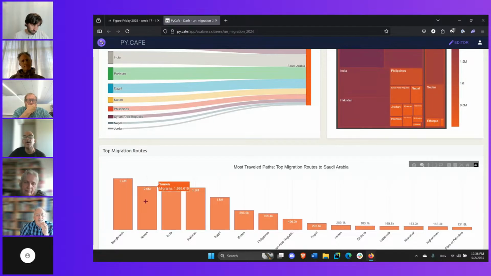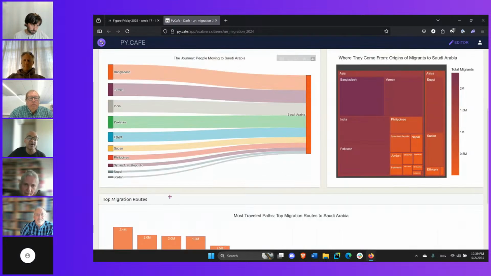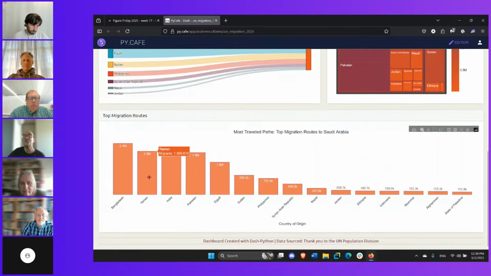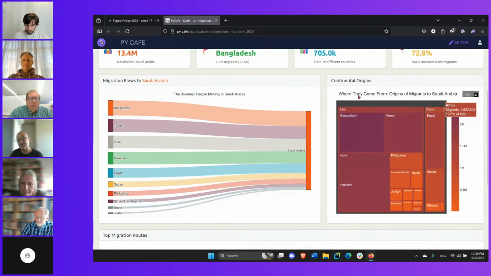You see here the bar chart, the amount, and in the tree map, you can see the continent. Asia represents 80%, and Africa the other, almost 20%.